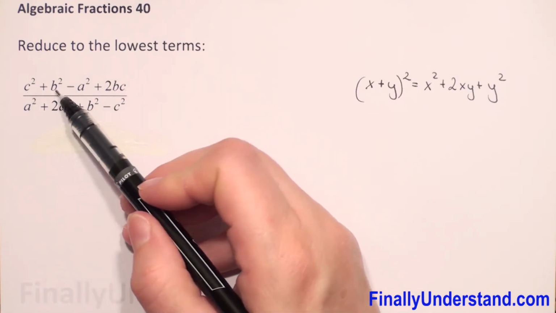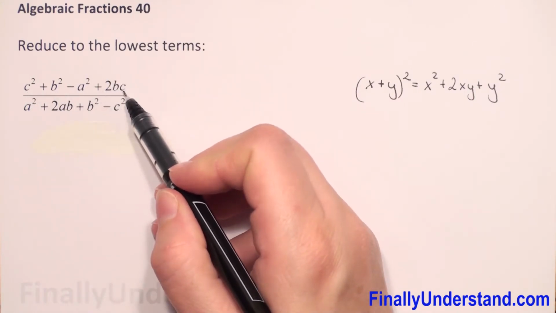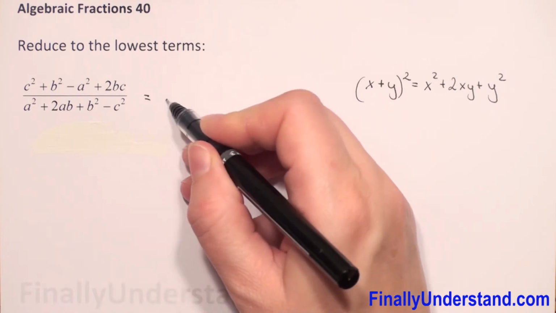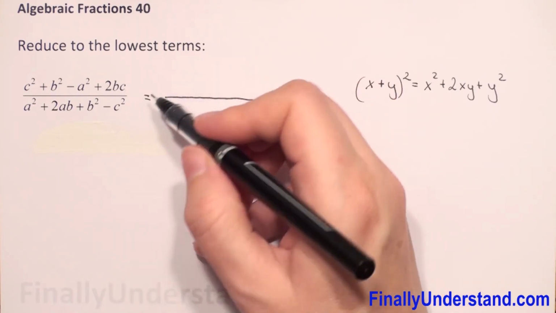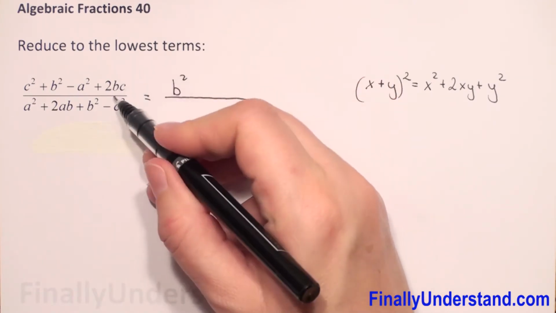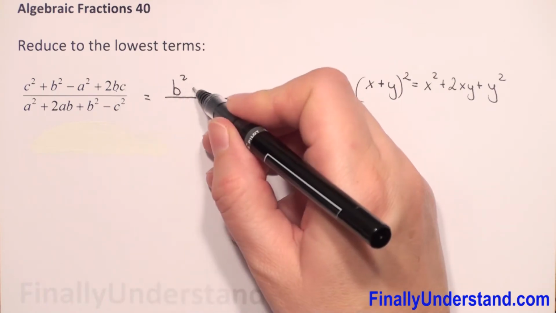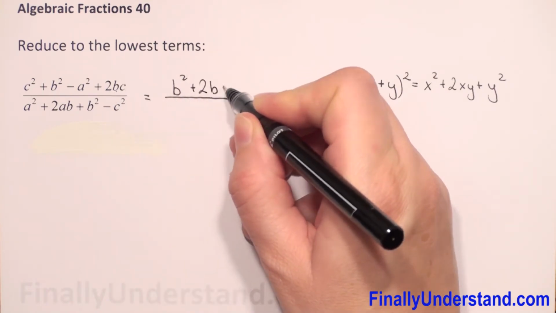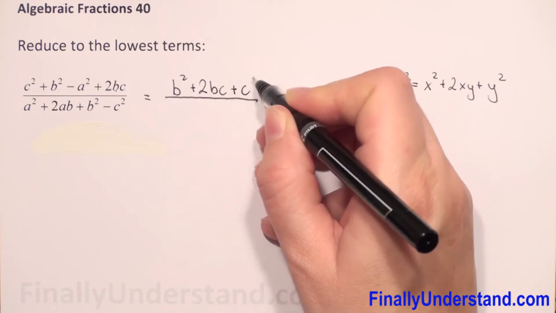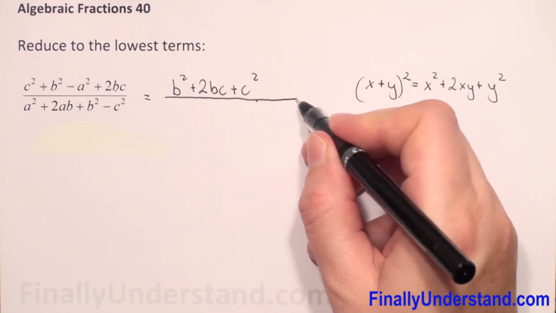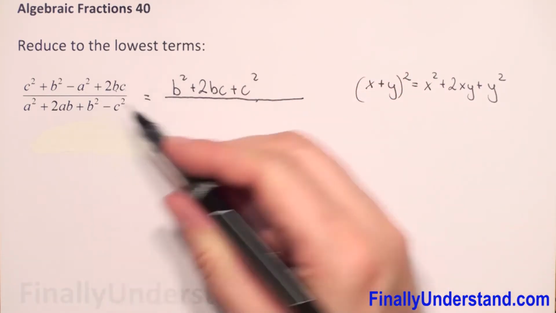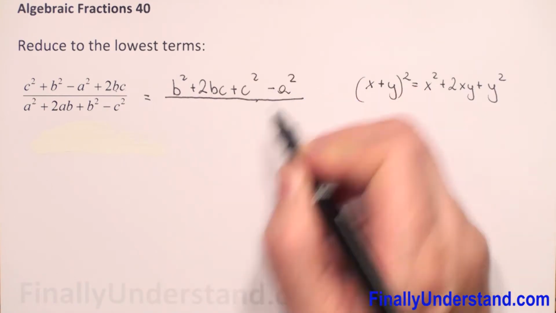We have c squared, b squared, and we have 2bc. So first we will put b squared, because we have b first. Next will be plus 2bc and plus c squared. Whatever is left will be at the end, we have negative a squared.